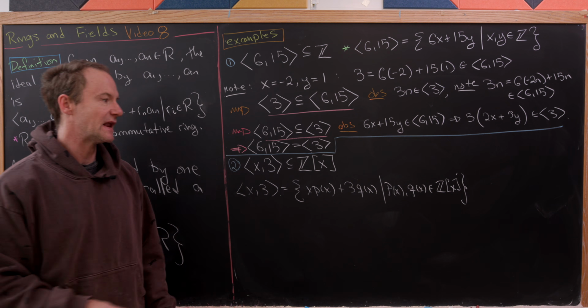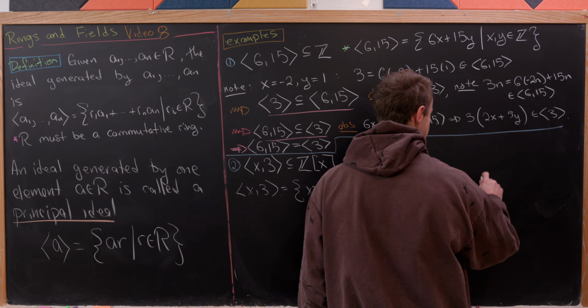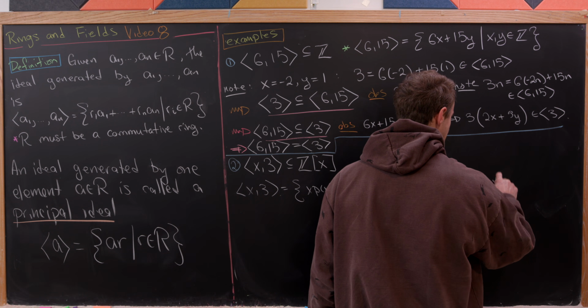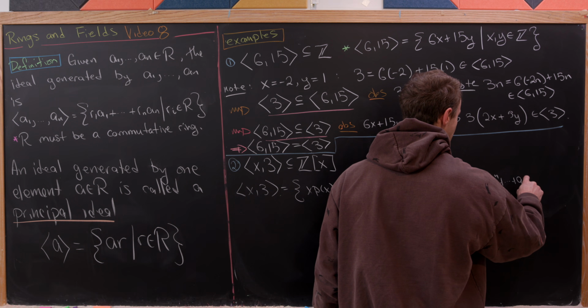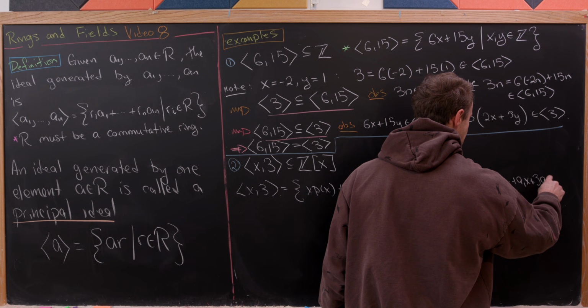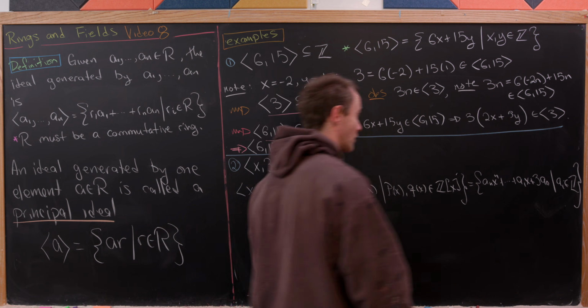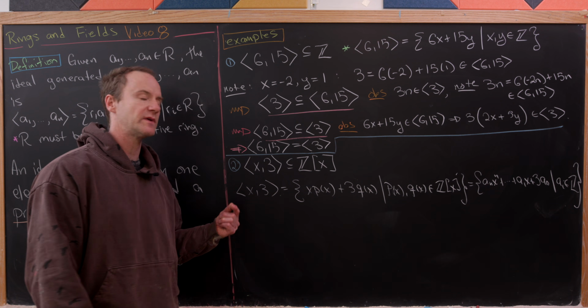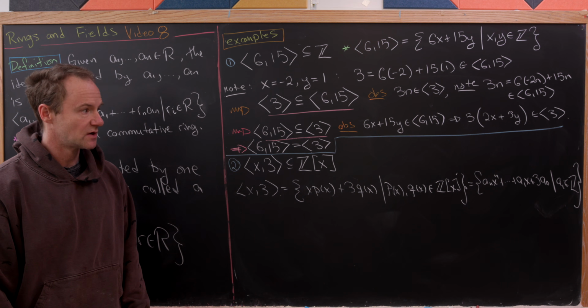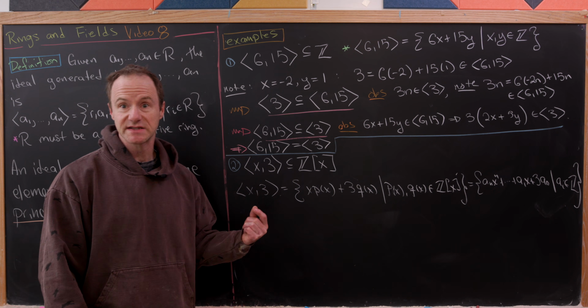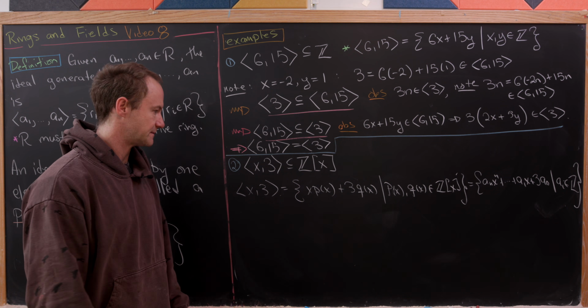Okay, but now I claim that this is equal to the set a_n x^n plus all the way down to a_1 x plus 3a_0, where the a_i are all integers. In other words, it's all polynomials with integer coefficients where the constant term is a multiple of 3.